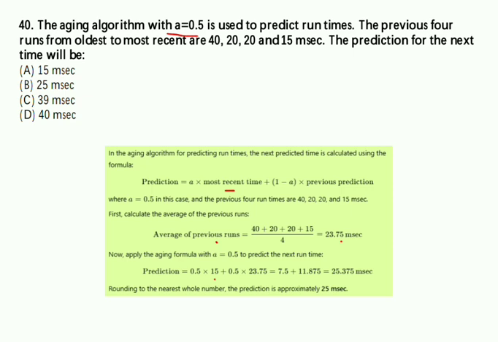The most recent time, that is the last available runtime, is 15, right? So 0.5 times 15 plus 0.5 times the average of the previous 4 runs equals 25.375 milliseconds. So the prediction is approximately 25 milliseconds. So option B is the correct one.